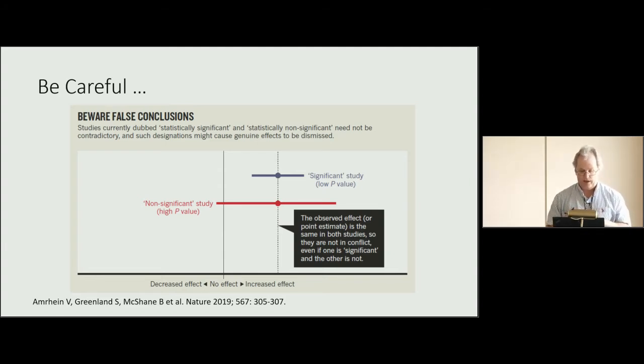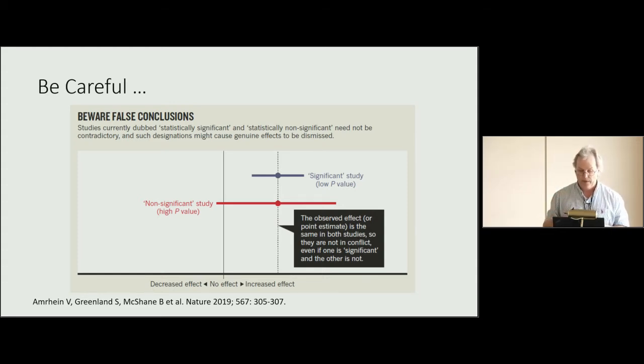This is a figure that was in this paper that was recently published in Nature, right? You can see that sort of that upper one that says significant study, that's a low p-value, and then the red line is a non-significant study because of a high p-value.